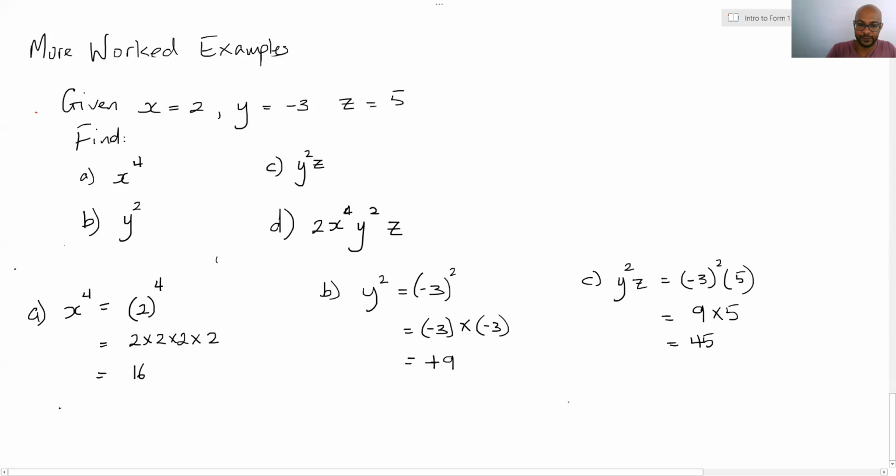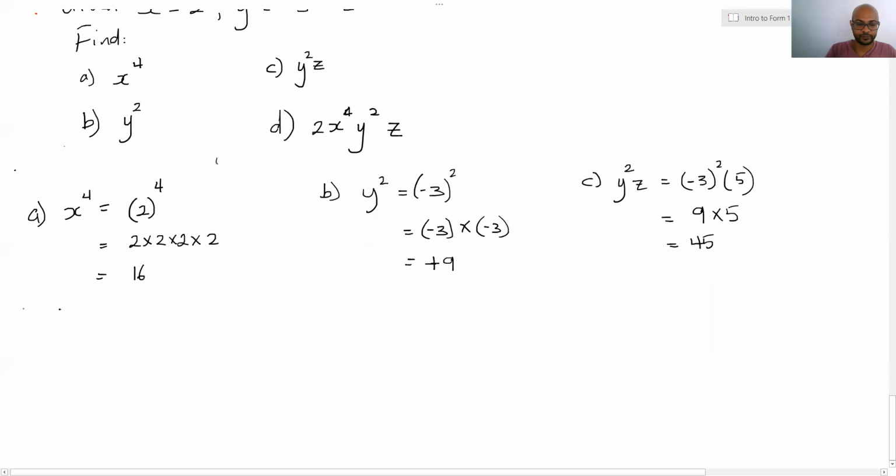See that? And the last one, the tougher end of our scale, we have 2x to the power of 4, y squared, z. Again, you are just replacing the variables with the number that they've been assigned.